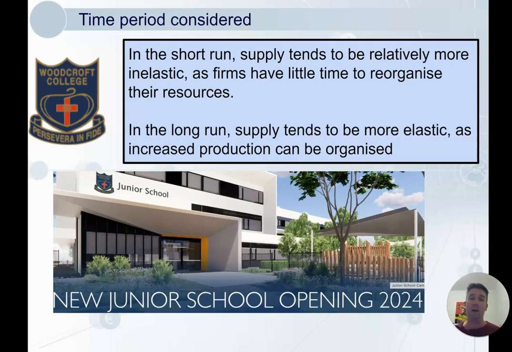But in the long run, if they know that this demand is going to be sustained, they can go and build a new building, right? Let's increase our capacity over time. So in the long run, we're able to do things like build new buildings, but in the short run, we don't have that option. That's just not an option in the short run to just magic up a building, right?